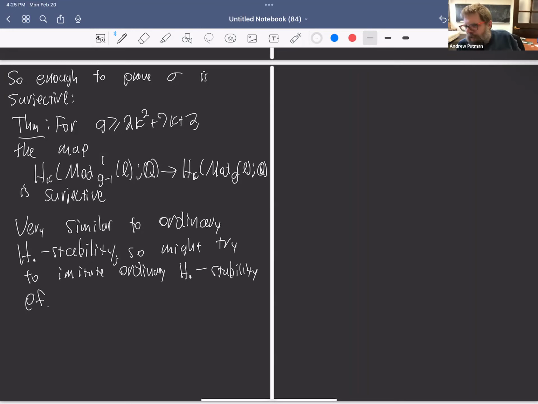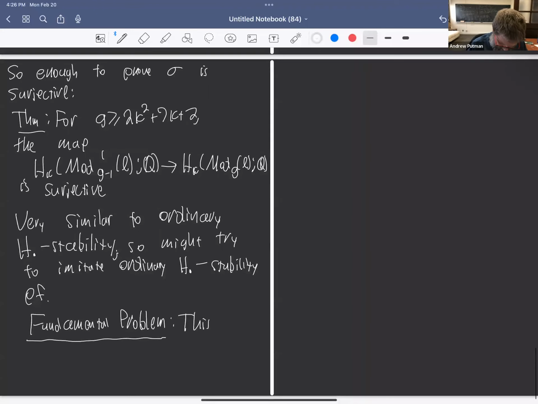And that is sort of what I do, but there's a fundamental problem. If that worked, it would give you a statement that was true not in rational homology, but in integral homology. This would give such a result in integral homology. And this is false.